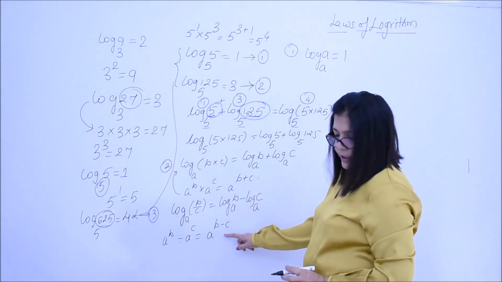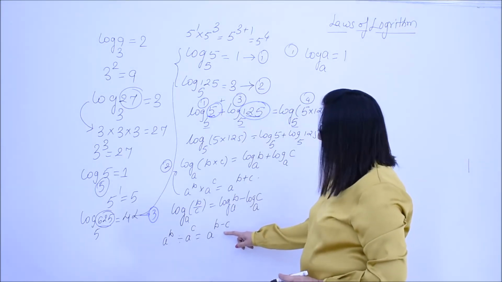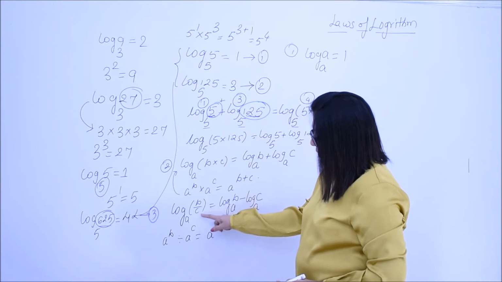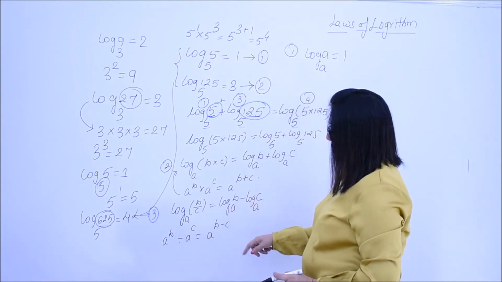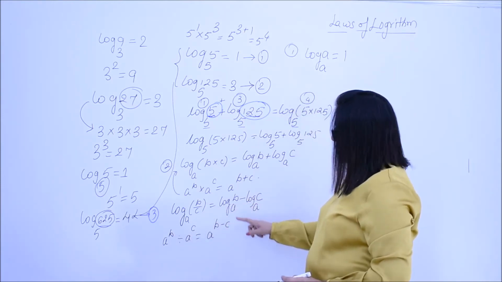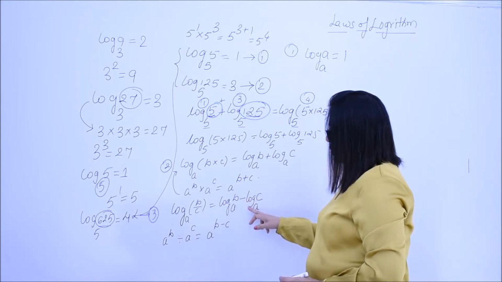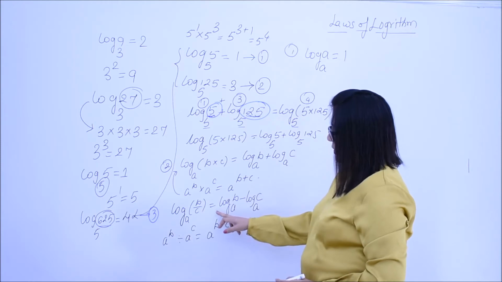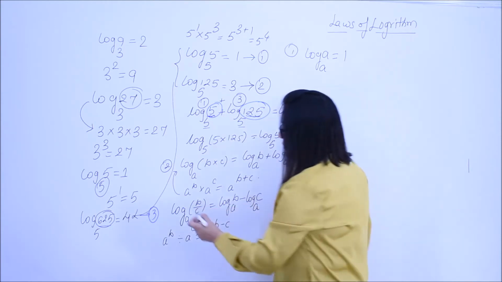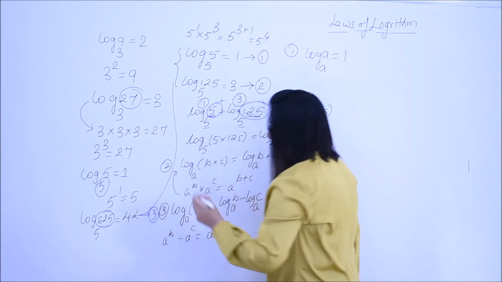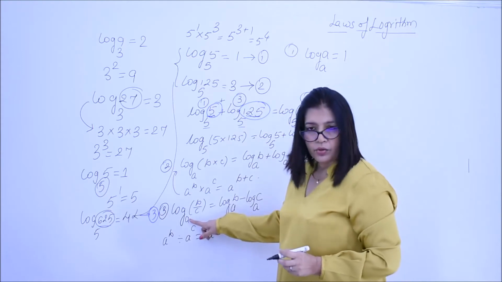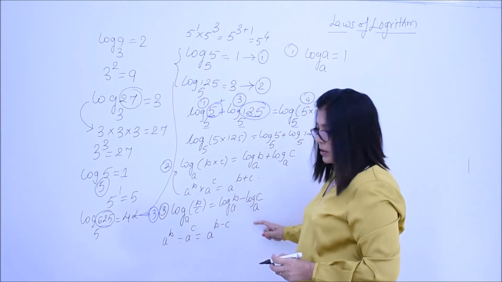So this was a law in our exponents. The same thing in the reverse order: if it is division, then it is a subtraction. So log to the base a of b minus log to the base a of c, that is our subtraction. So in case of division, we subtract the log. The rule: a should be the common base.